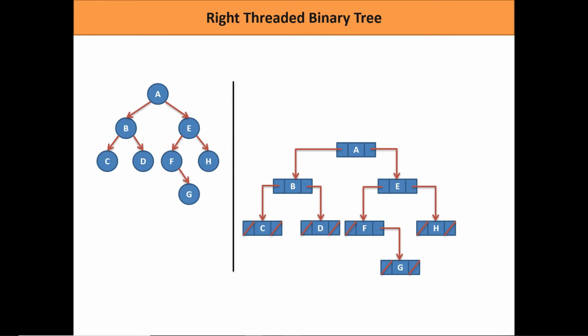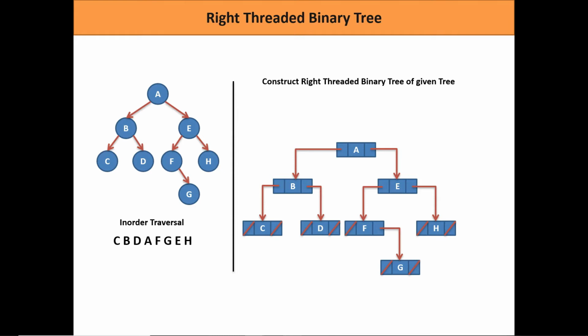So now from this tree, first of all we have to find the in-order traversal of this tree. So the in-order traversal of this tree is C, B, D, A, F, G, E and H.